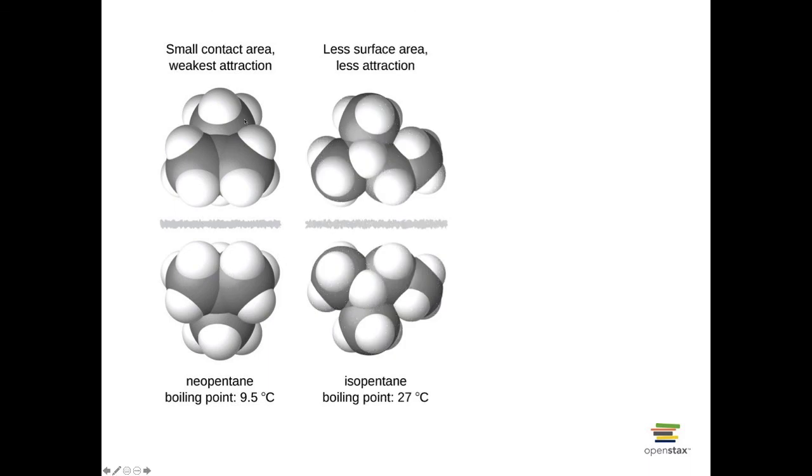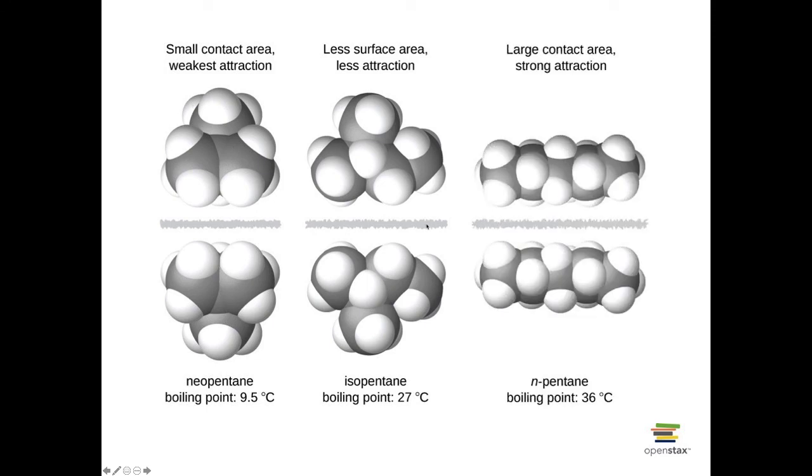Now, isopentane is not as compact as neopentane. It's a 4-carbon chain with a branch rather than a 3-carbon chain with 2 branches, and it has a larger surface area than neopentane. And then we'll continue on to n-pentane, which is a quote-unquote straight chain, 5 carbons in a row, and these can attract each other over this amount of surface area when they're in this arrangement.